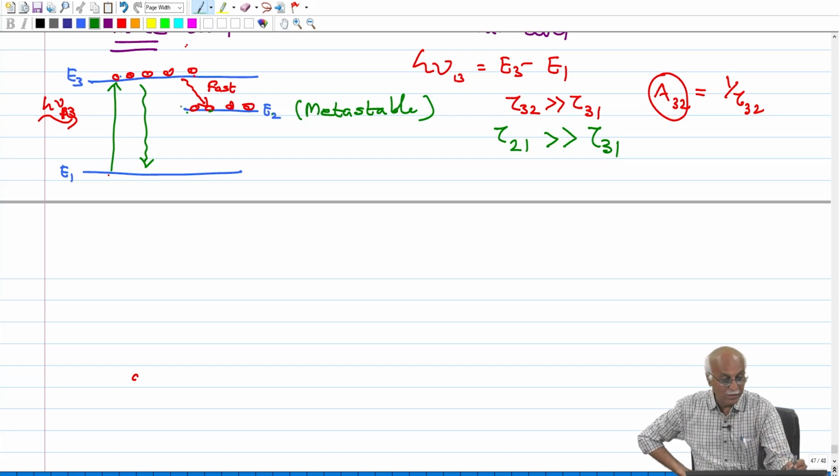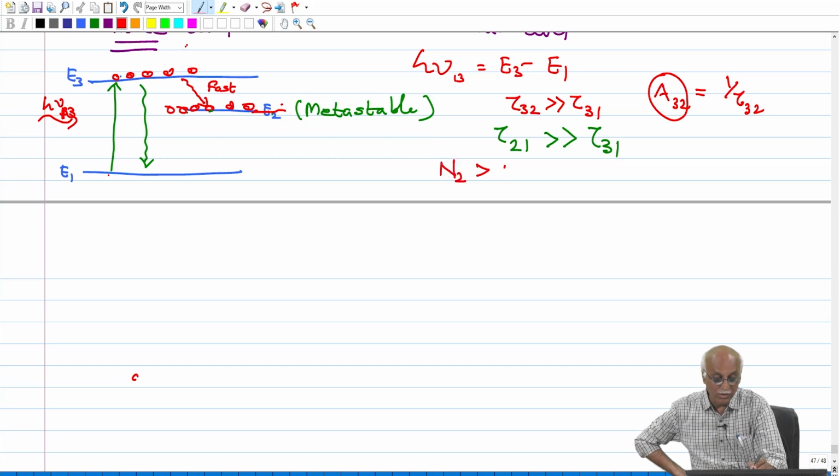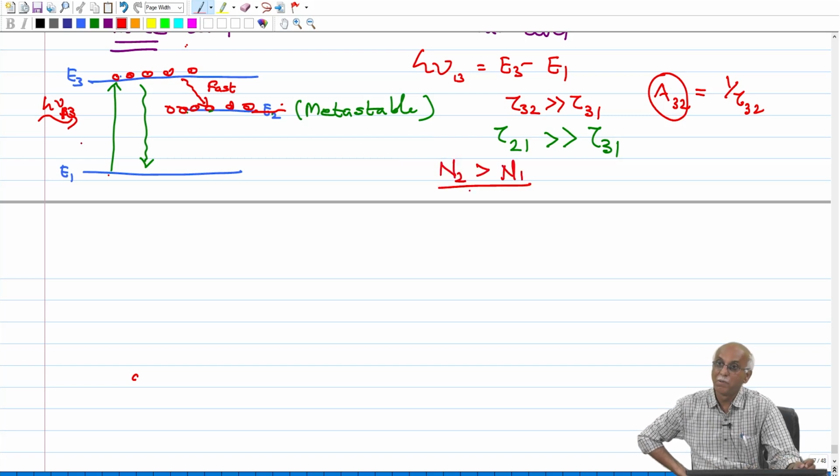However, the population at level 2 will keep increasing, as all these excited atoms come to level 2. So indirectly, by pumping enough energy, more and more photons, N1 will get depleted and N2 will get populated. So N2 can become greater than N1 if I keep pumping.